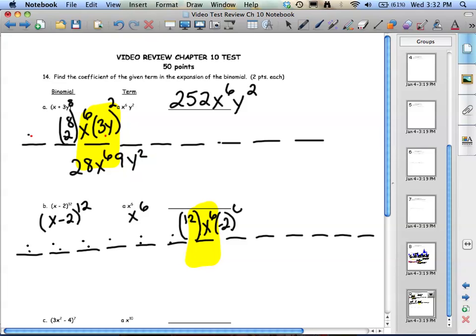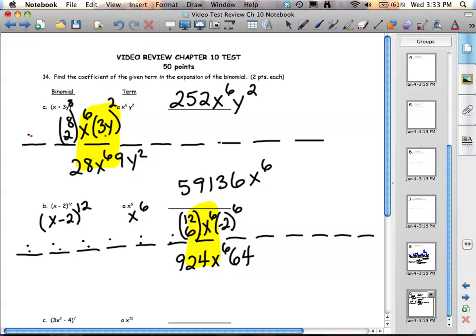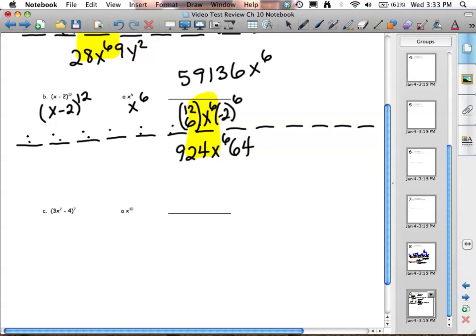It's also to the 6th, and then it's 12 choose 6. 12 choose 6 is 924. x to the 6th. Negative 2 to the 6th is 64. And if you multiply that out, you get 59,136 x to the 6th. So you're going to have to be able to find a certain term.